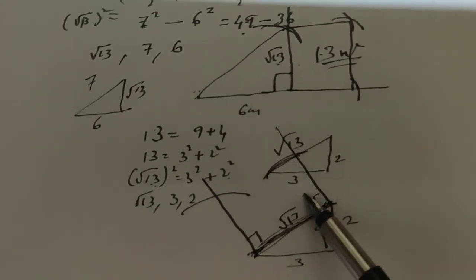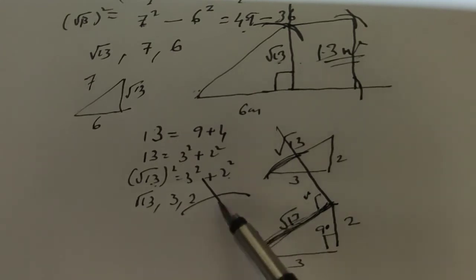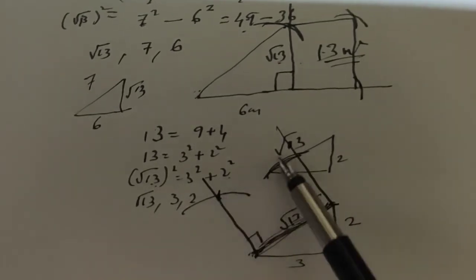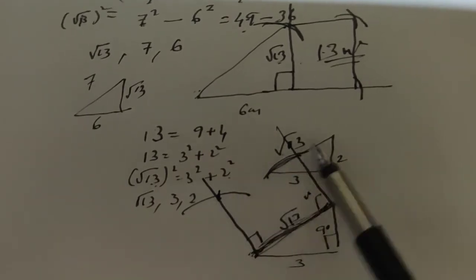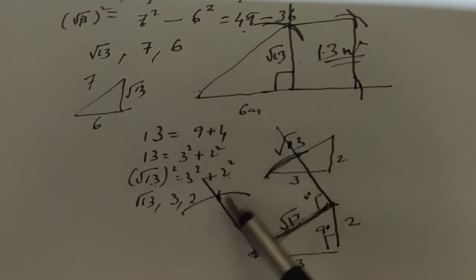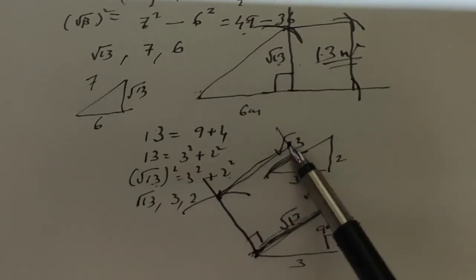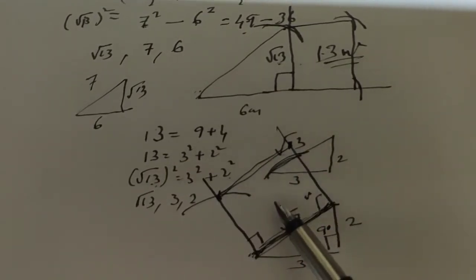Then you get 90 degree sides, and by cutting these points with arcs, we cut 2 points here.